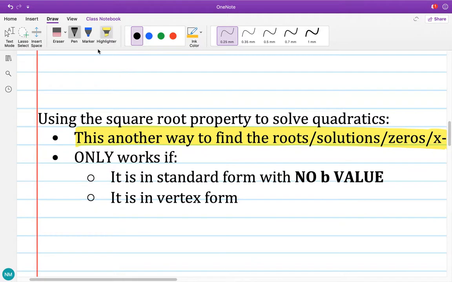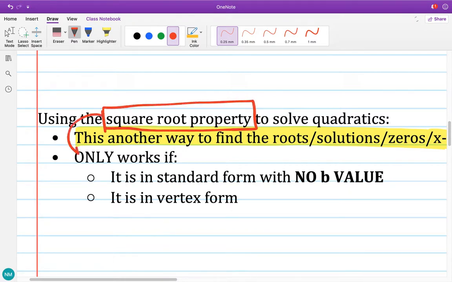So the square root property, I'm going to redo that. The square root property only works if it is in standard form with no b value or if it is in vertex form. You cannot do it any other way.